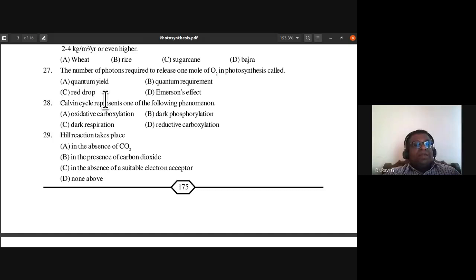The Calvin cycle represents one of the following phenomena: oxidative carboxylation, dark phosphorylation, dark respiration, reductive carboxylation. I think you should be able to answer this. Can you tell me the answer for this 28th?